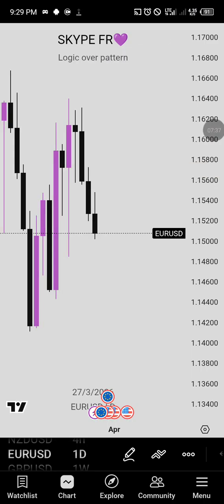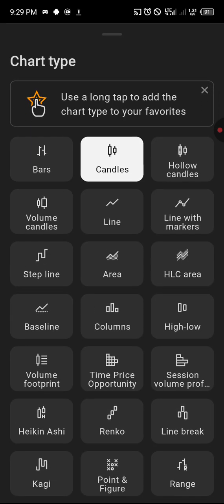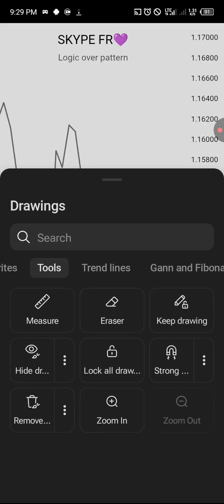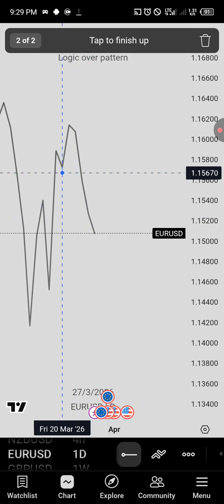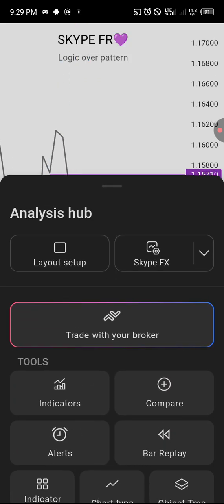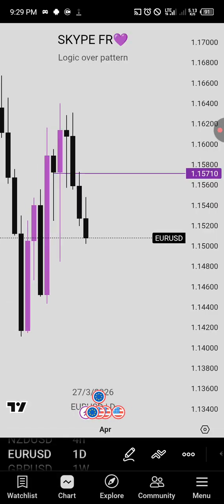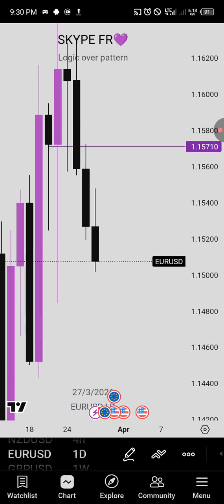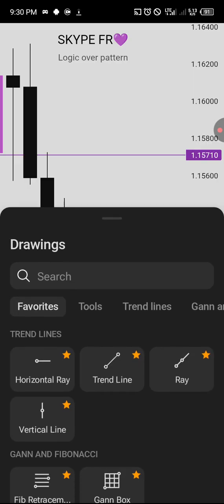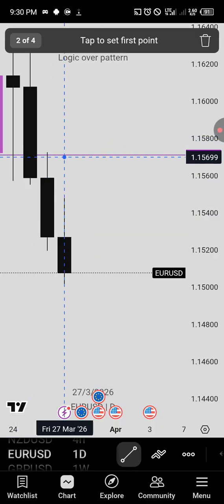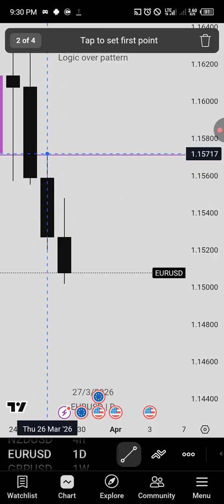Okay guys, so I think I found one example here on ARUSD. First we have this SBR key level. As you can see, price tapped on the SBR key level and rejected.